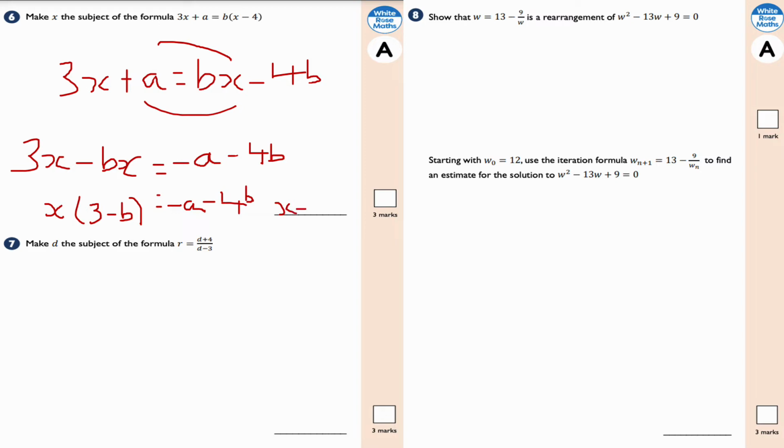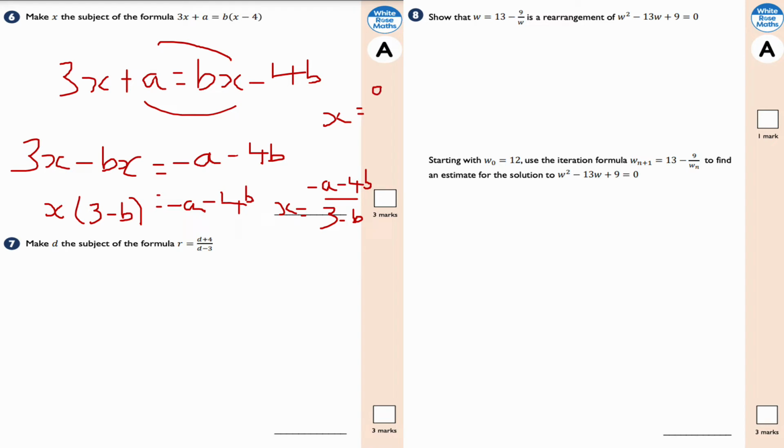So x is equal to minus a minus 4b, okay, all over 3 minus b, okay.